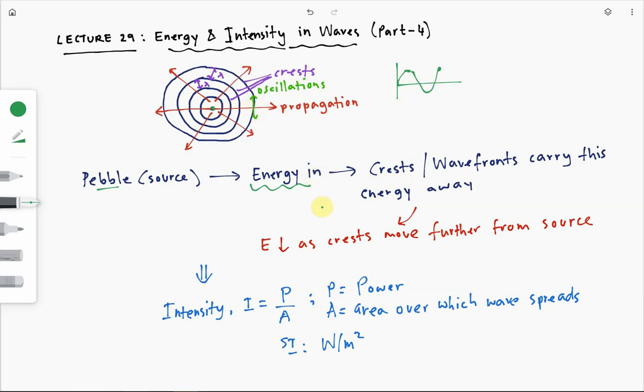And it's only normal, it's only logical to assume, that as you get farther away from a source causing a vibration or oscillation that results in a wave, the lesser energy the wave must have. You can think of it very simply as a light bulb.